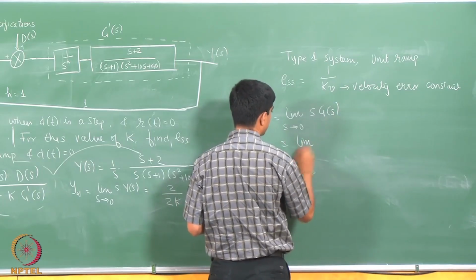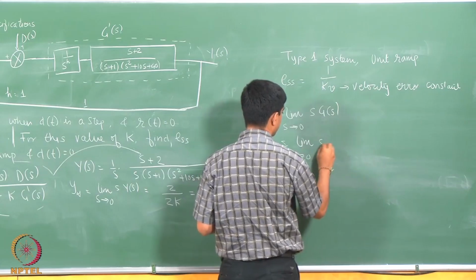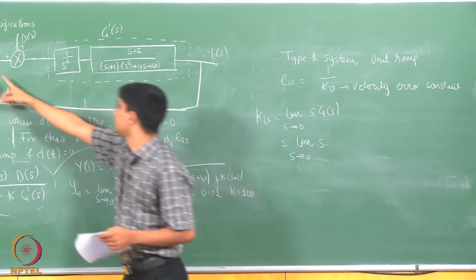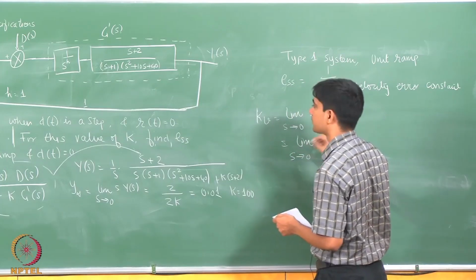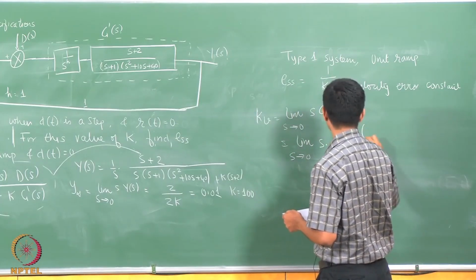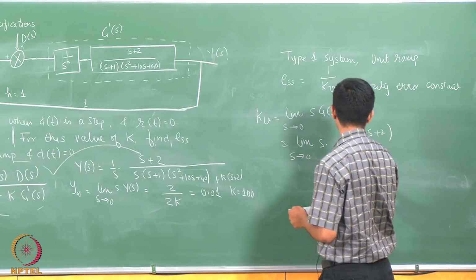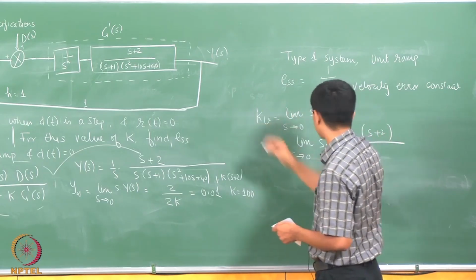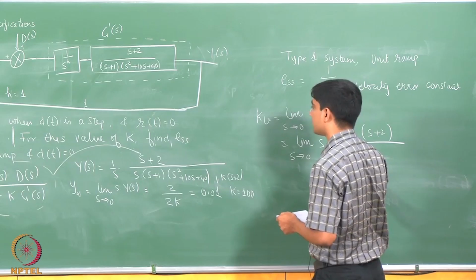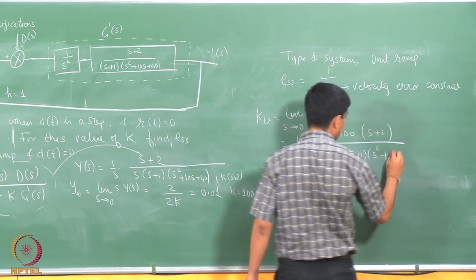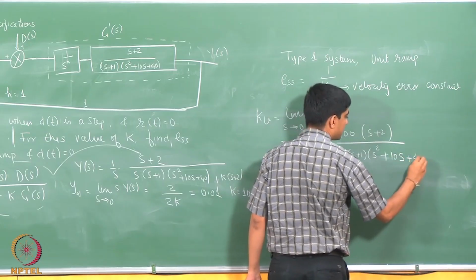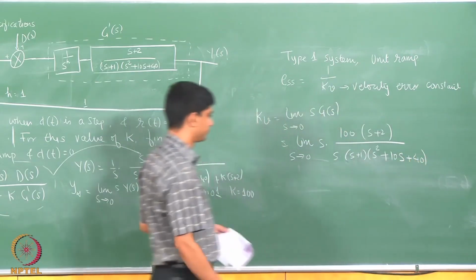I can do all the math, taking this entire G now. This would be s times k, which is 100, in the numerator I have (s plus 2), in the denominator with h equal to 1, I have one pole at the origin, (s plus 1)(s square plus 10s plus 40).